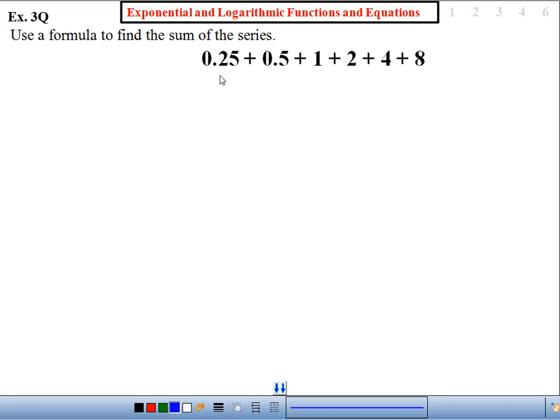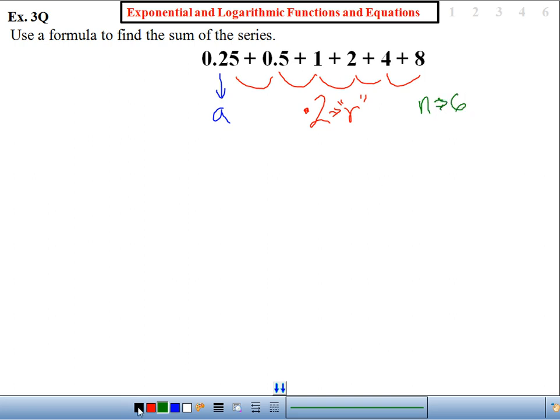A, which is what? 0.25, that's our A. What else? We need our R. What's happening from here to here? Times 2, and that's our R. And what's the only thing that's left? Our N. How many terms in this series? 1, 2, 3, 4, 5, 6. So our N is 6.